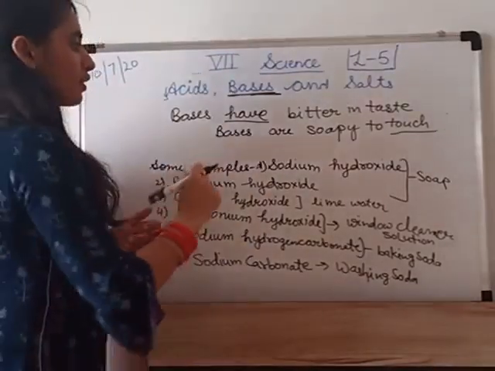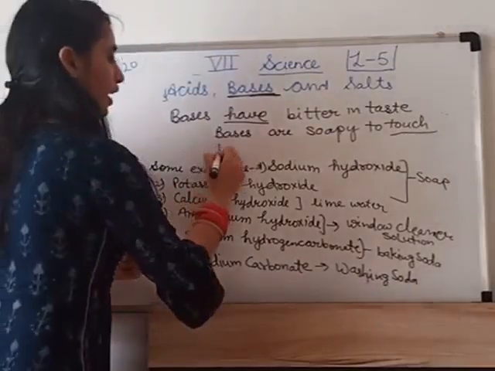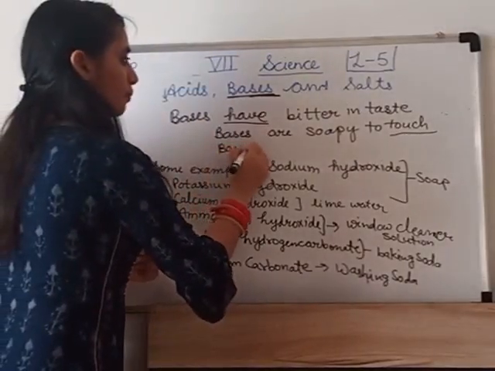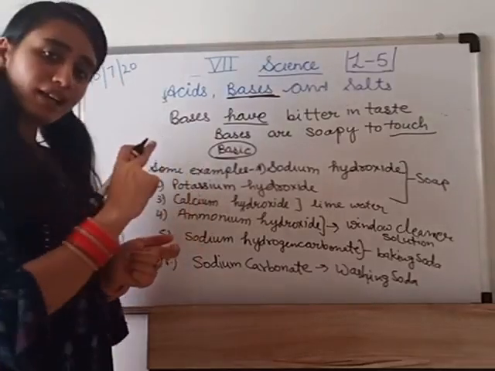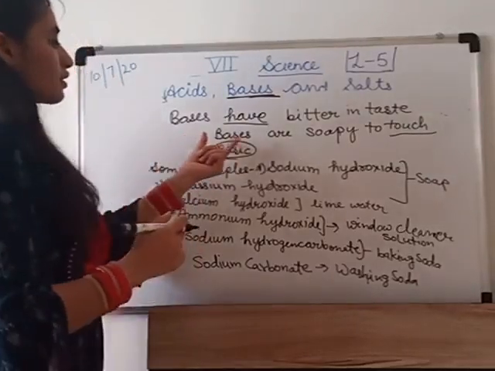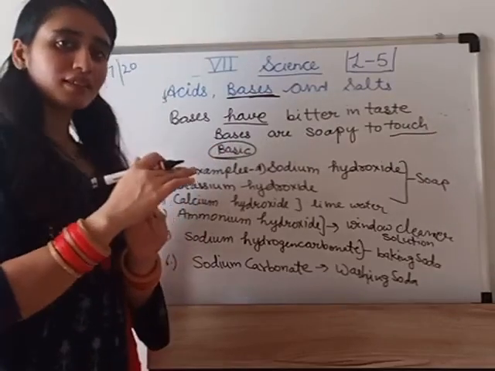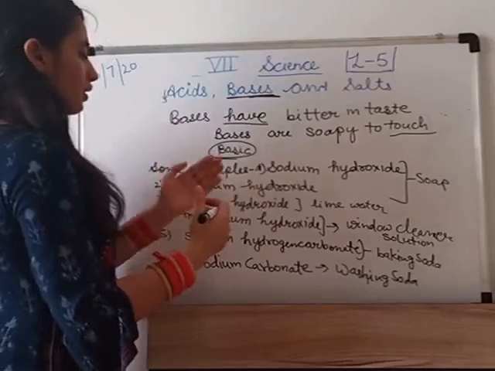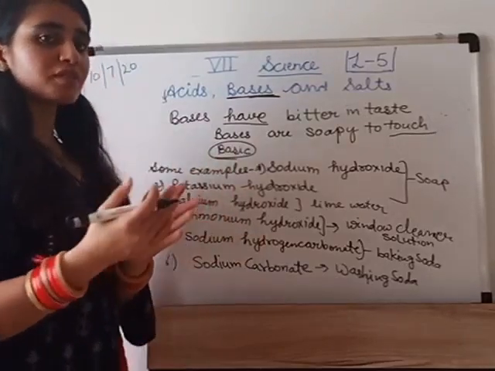Okay, and the chemical nature of these substances is known as basic, like acidic. So some examples, like acids, some other chemicals are included in bases also, like soap.